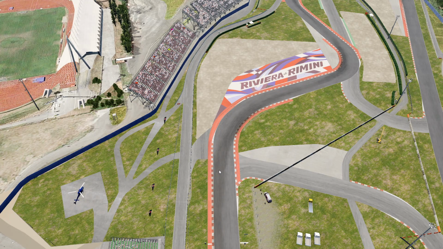What I'm suggesting is you change your approach completely backwards and say, no, my priority is to make as much time as I possibly can on the next straight. And whatever I need to do to the car, and therefore to my inputs, before that point is what I have to learn to do.